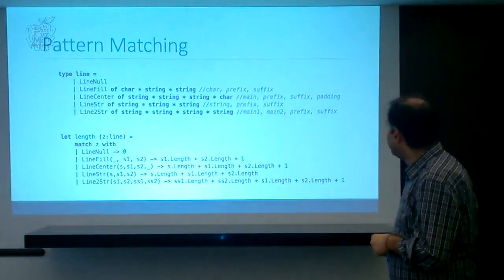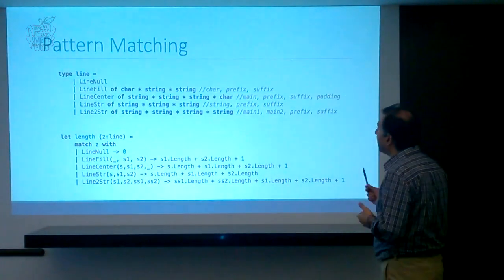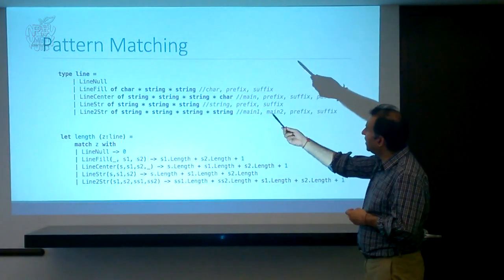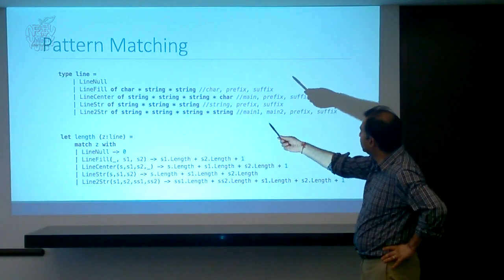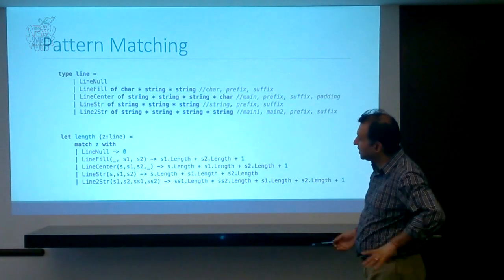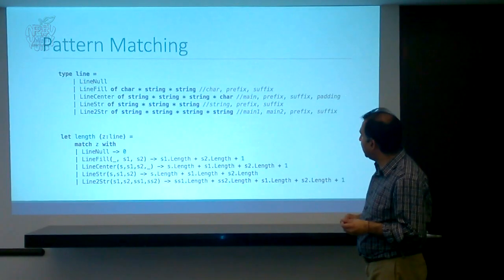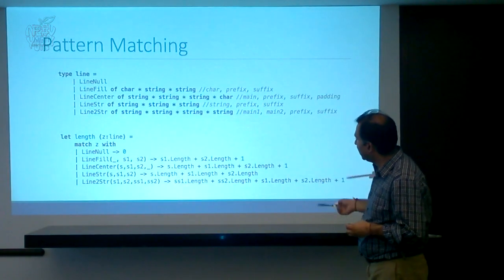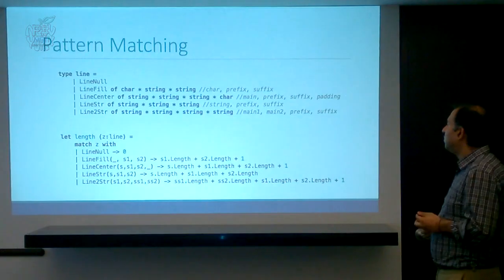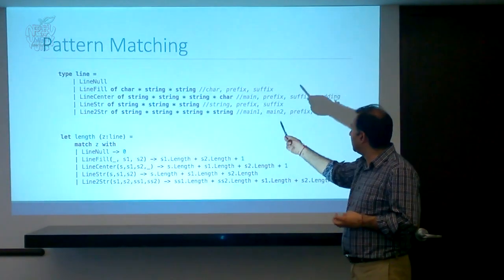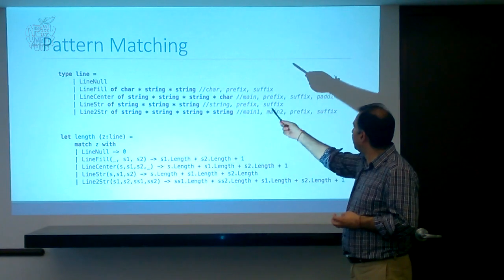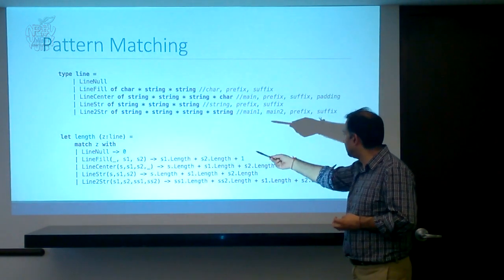Alright, so we have defined a type line, and I can have line. This is the F# 3 code just for compatibility. I have the old code here. Line center, and it has different fields. I actually can do some kind of pattern matching. So I have this length variable declared and it says, well, if you have a fill, then I just care about the line fill prefix and suffix plus 1, and so on.